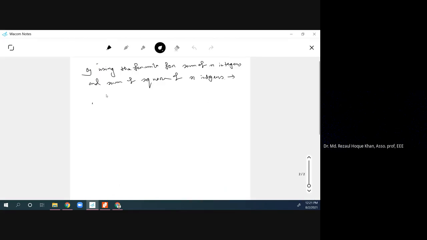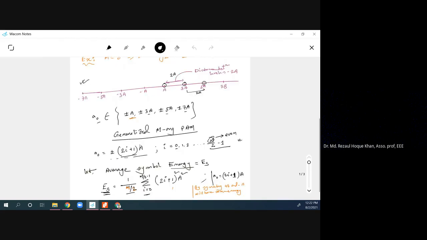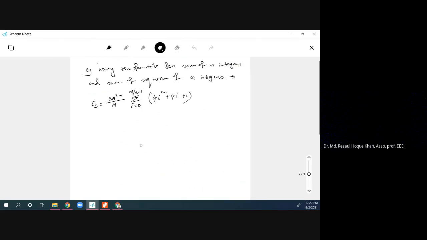Probably you know it already. ES, we can write it again, 2A squared by M, just rewriting the previous equation. This was (a plus b) whole square, so I'm expanding it as a square plus twice ab plus b square.